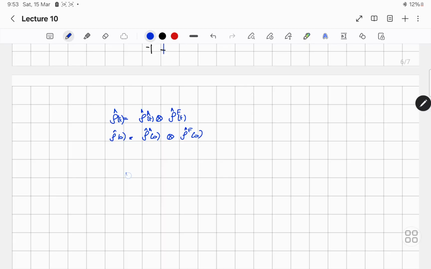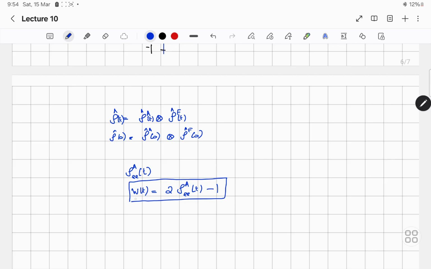Now it is possible to find the matrix elements rho_A,EE(t) and rho_A,GG(t). Actually this is not required, so you have to just find rho_A,EE(t), and W of t is nothing but 2 rho_A,EE(t) minus 1.